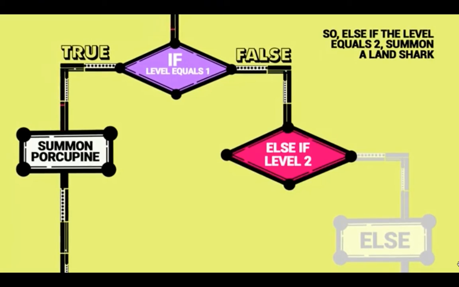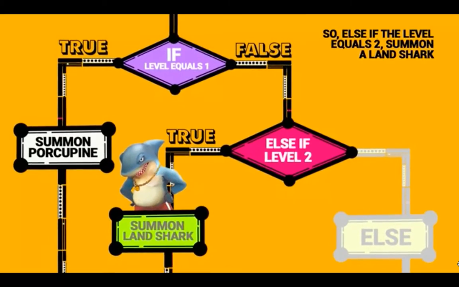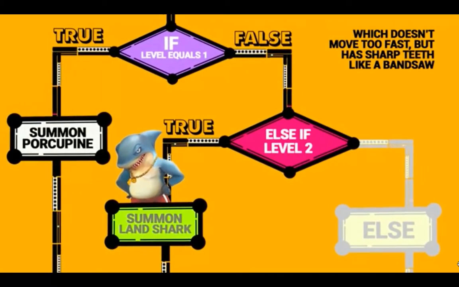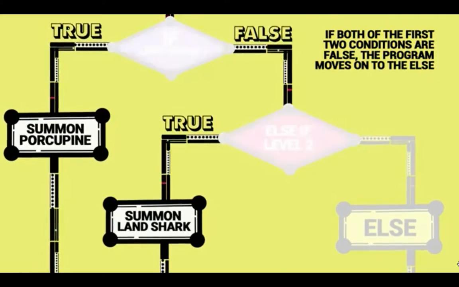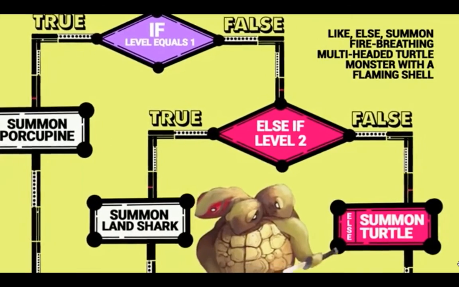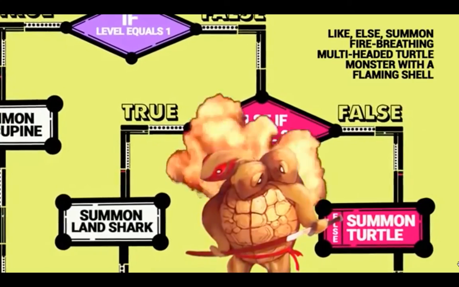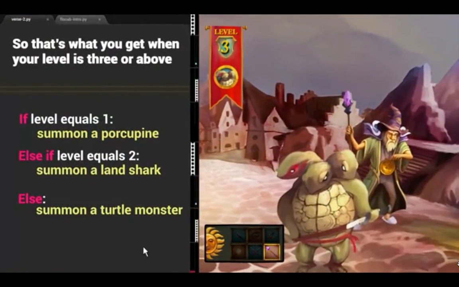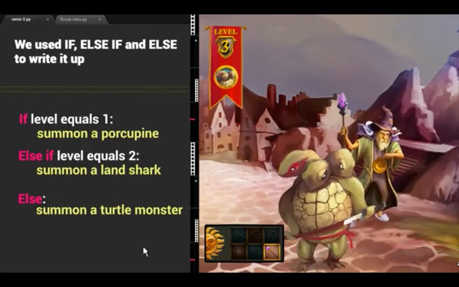So else if the level equals 2, summon a land shark, which doesn't move too fast but has sharp teeth like a bandsaw. If both of the first 2 conditions are false, the program moves on to the else. Like else, summon a fire-breathing, multi-headed turtle monster with a flaming shell. So that's what you get when your level is 3 or above. We use if, else if, and else to write it up.